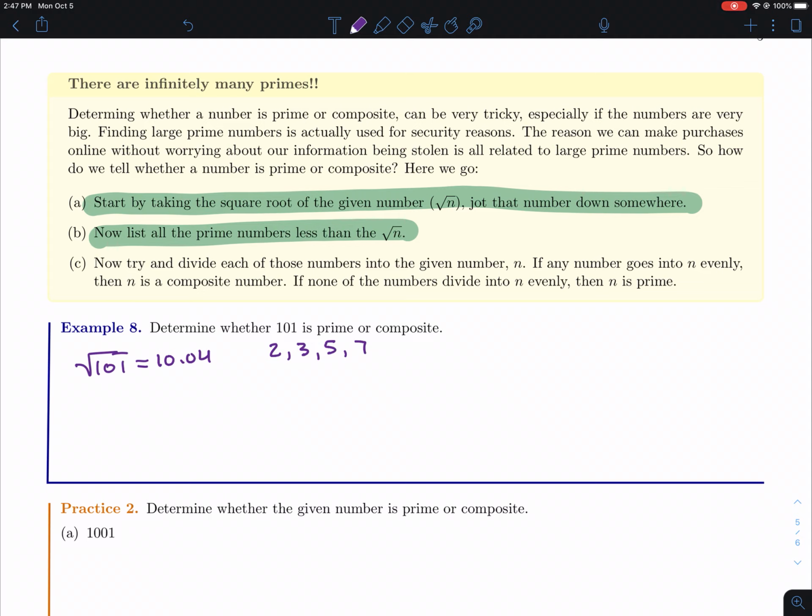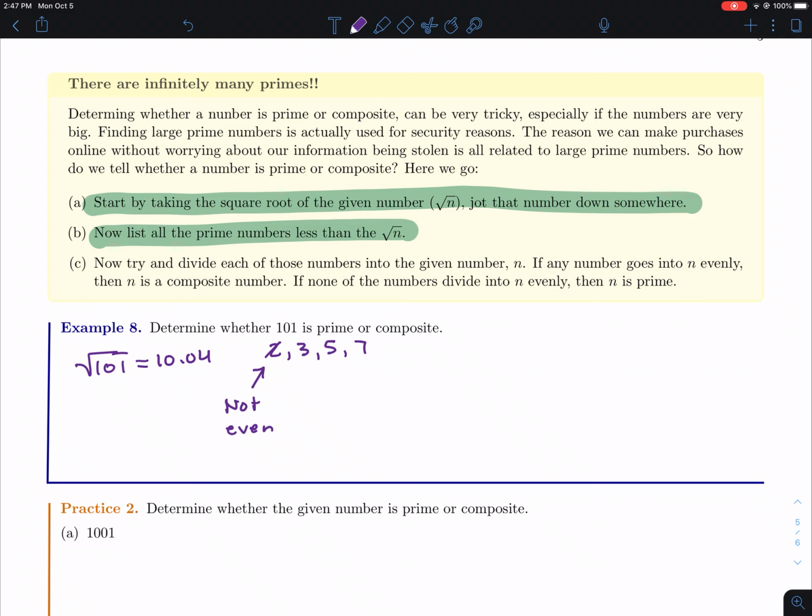We're going to learn some tricks next time that will allow us to look at some of these things real quick and eliminate them. For example, is 2 going to divide into 101? No, I don't even have to test that because 101 is not an even number. And what about 5?